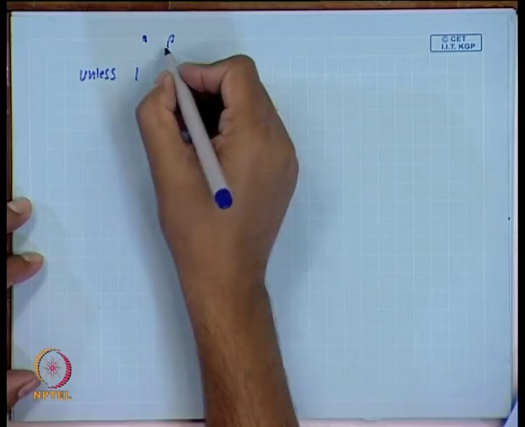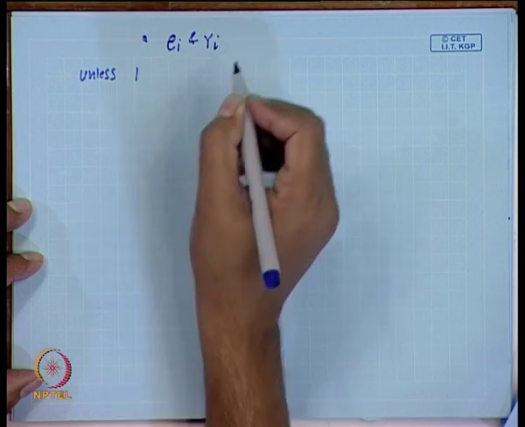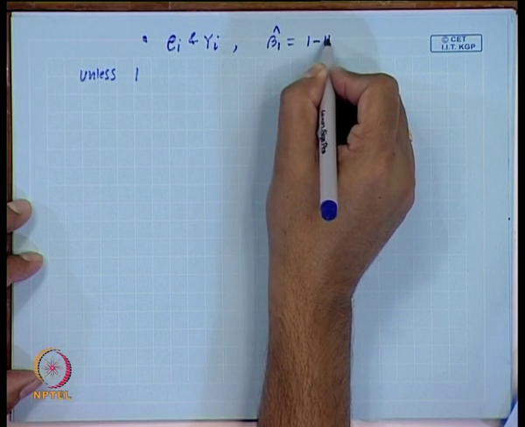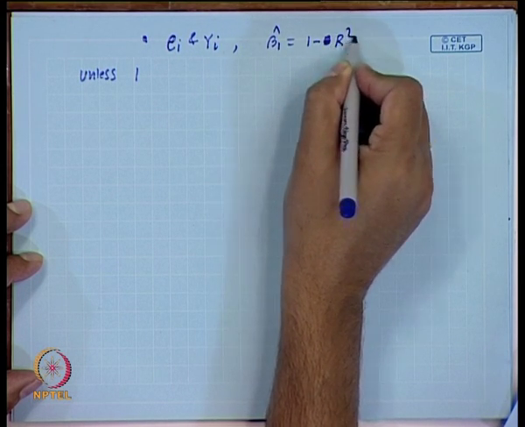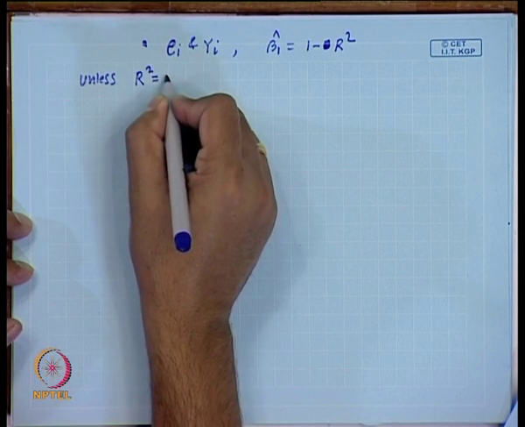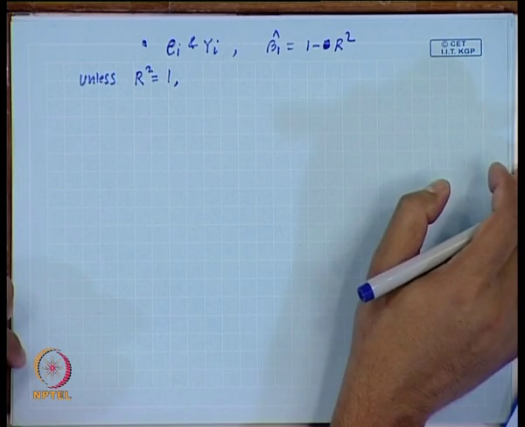So, unless r square is equal to 1, there is a positive slope.